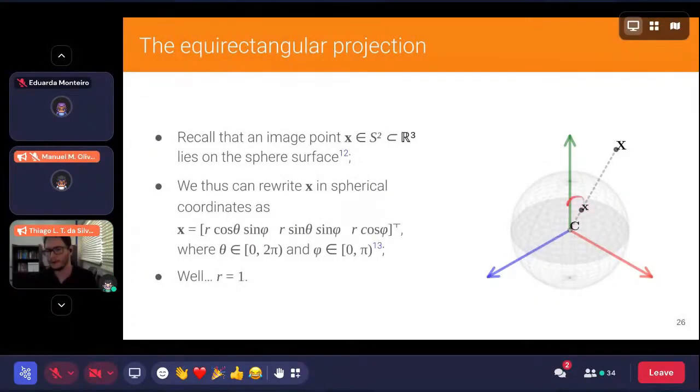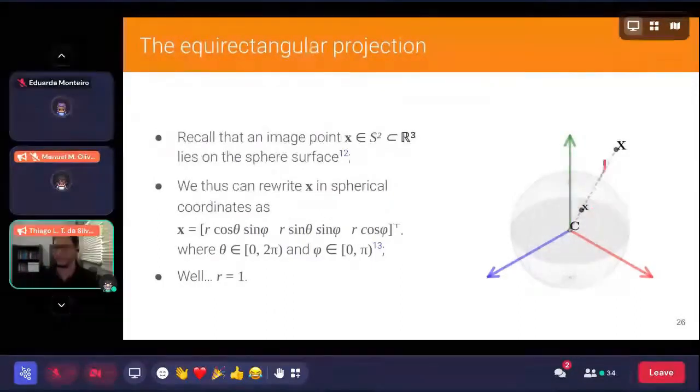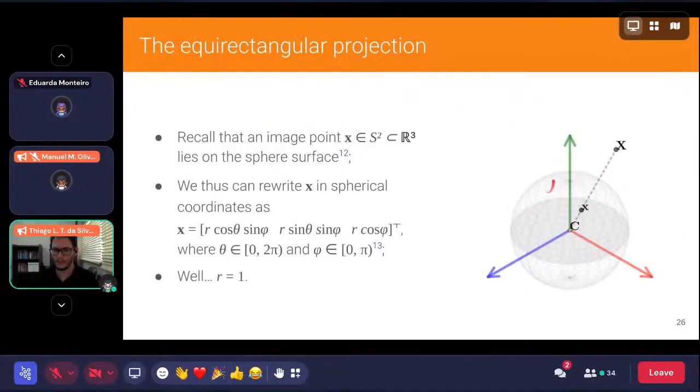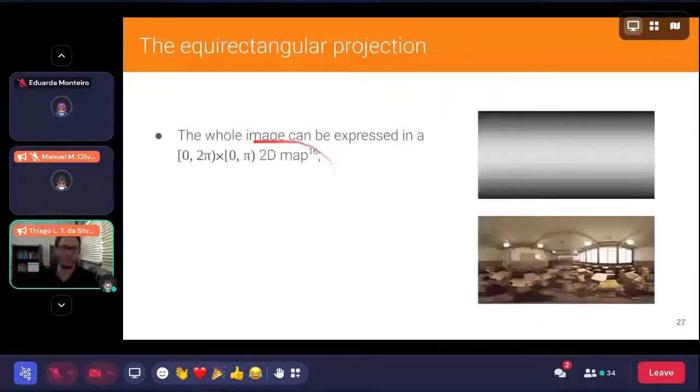Okay. Well, we have shown this mapping from this x point, but we have one point for every piece of information in the 3D world. So we have a lot of these points, and we actually can map all the scene information in a regular 2D map.